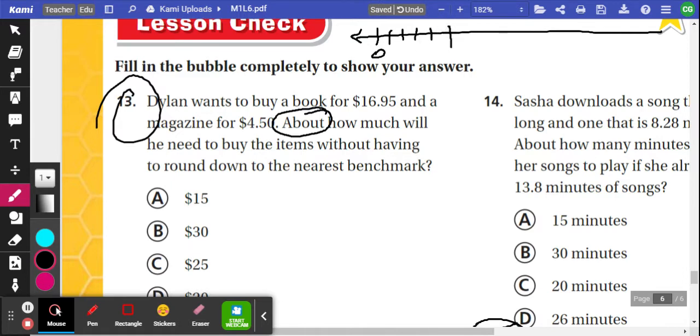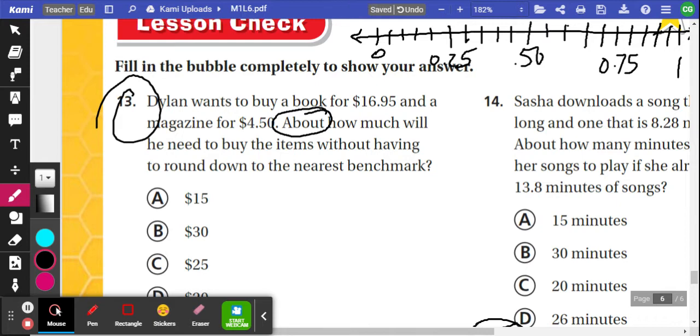So each one of these, remember, is 5 tenths, and this is 25 hundredths, then 30, 35, 40, 45, 50 hundredths, 55, 60, 65, 70, 75 hundredths, and then 80, 85, 90, 95, and then this is 1 whole.